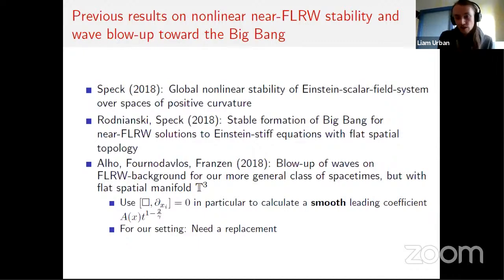So a lot of technical estimates became significantly easier, and in particular, it was fairly easy to apply an energy estimate to any derivative of the wave, and thus get the regularity of the leading coefficient fairly easily. For our setting, we're going to need some kind of replacement for that, obviously, since we can't commute derivatives.